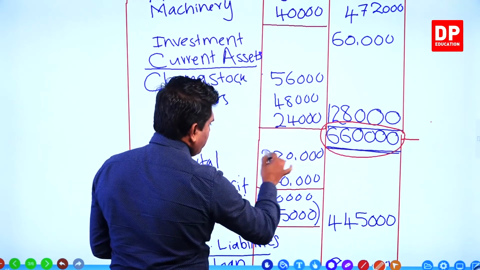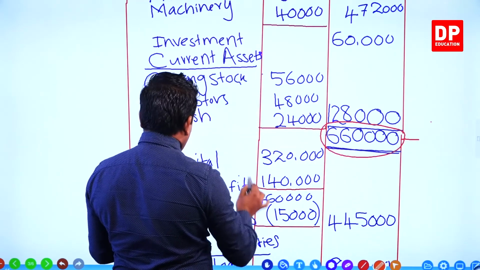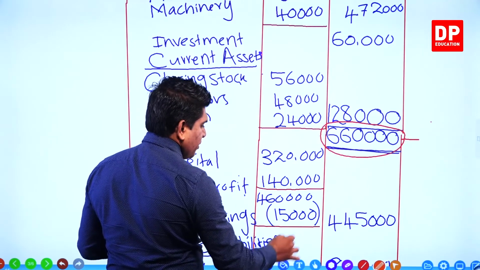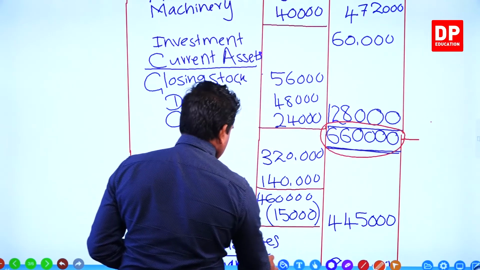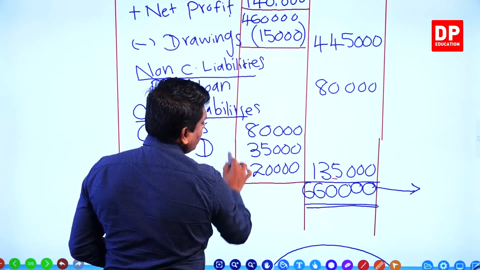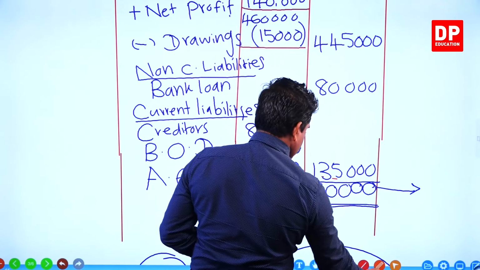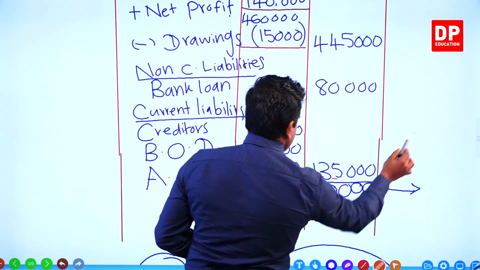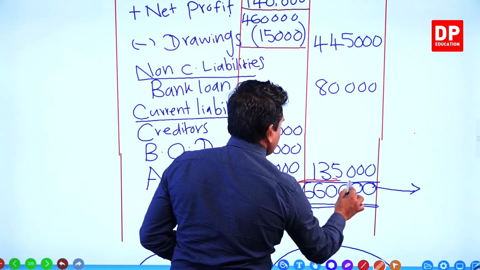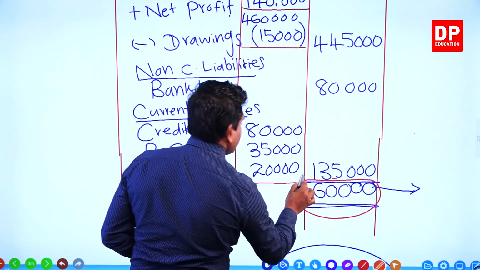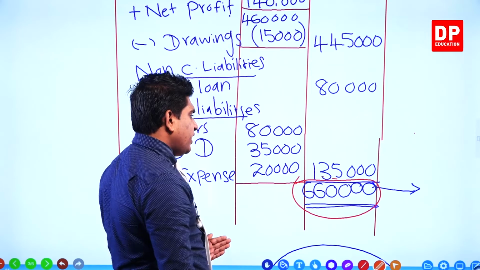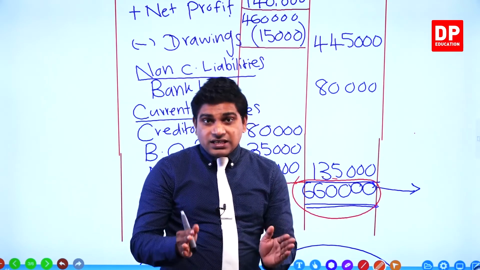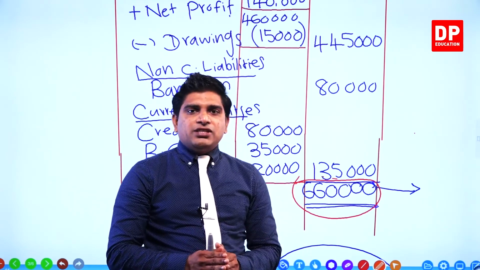Now we enter the details: capital, net profit, liabilities, non-current liabilities, current liabilities, but finally total liability is 660,000 including the capital plus net profit, right? This is the basic of the statement of financial position.